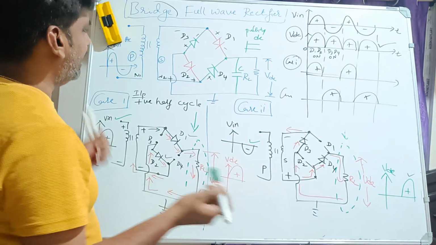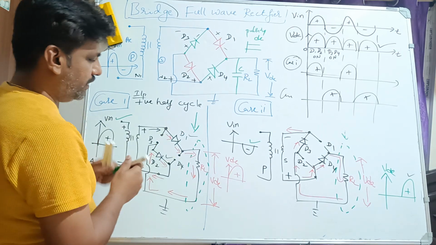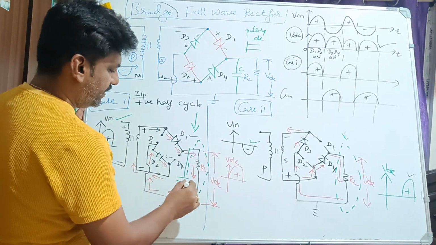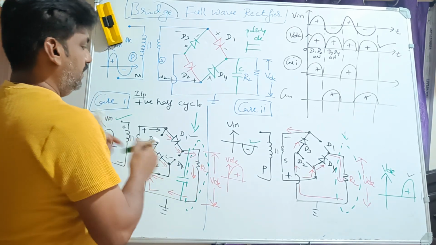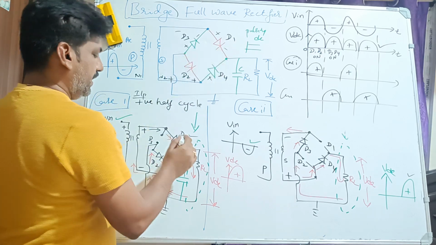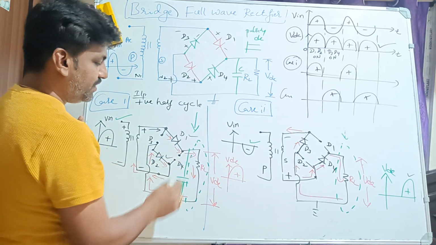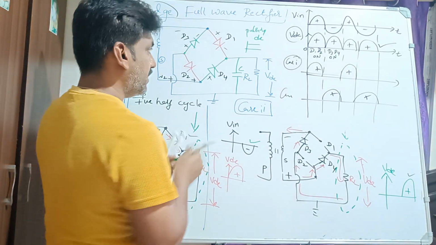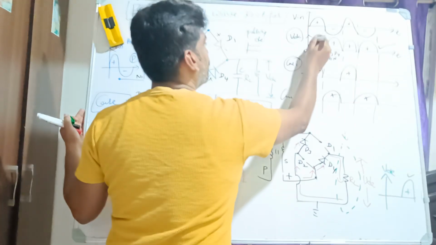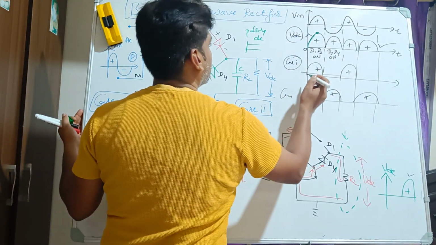If that is the case, for case number 1, if I add this capacitor, because diodes D1 and D2 are conducting, the capacitor will start charging. Capacitor will start charging and it is going to reach the peak point, right?